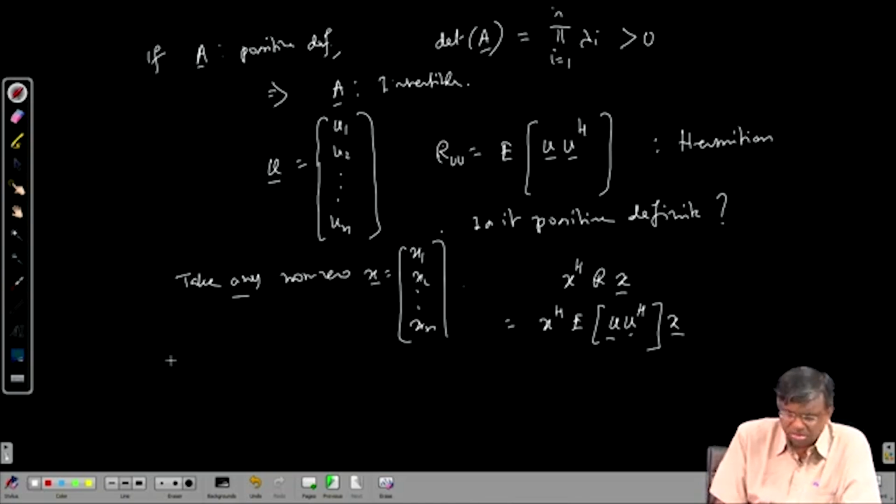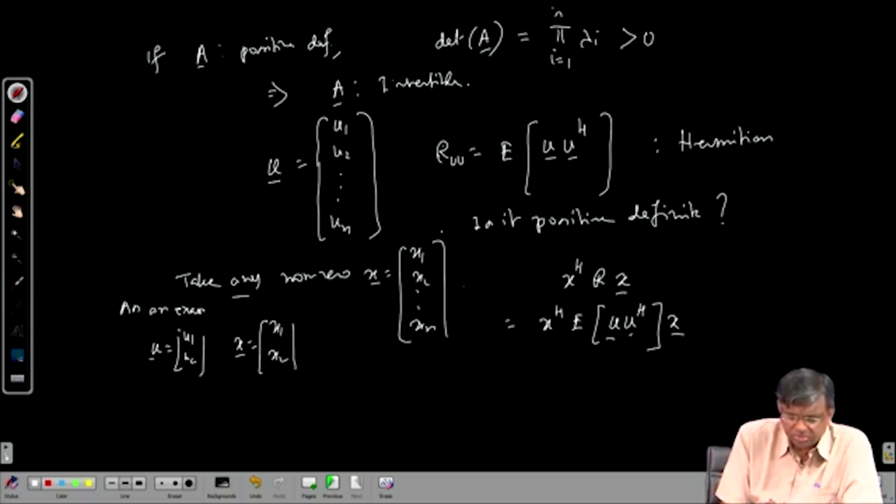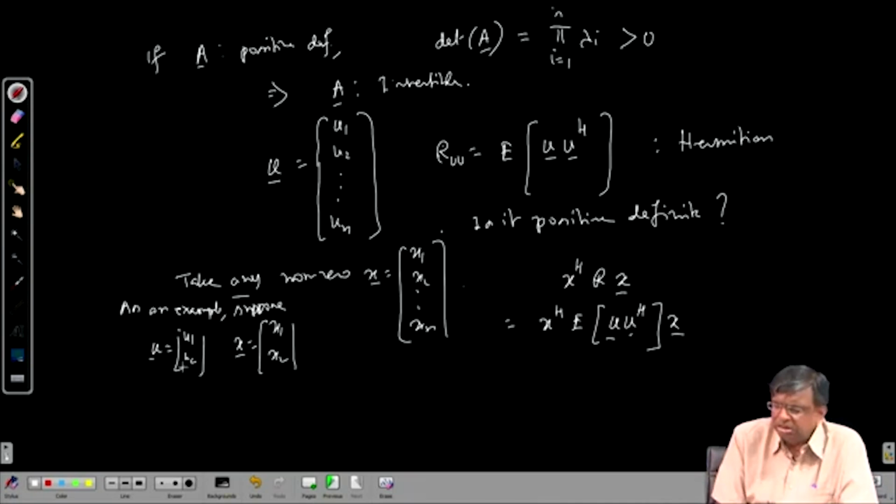Suppose, just as an example, U is U1, U2, x is x1, x2. As an example, there are just two elements, small n equal to 2.